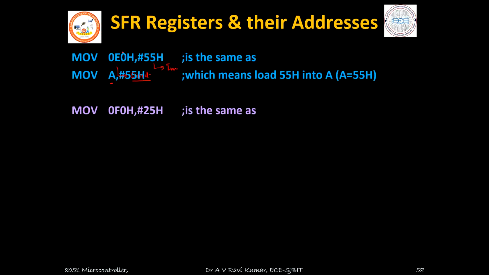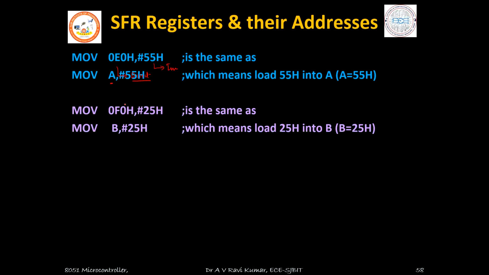We have some more examples. The 25H is moved to F0. F0 is the address of the B register, so it means that 25H is moved to the B register. Similarly, we can mention an SFR register address in our operand to access its memory location. Similarly, the R2 content is moved to E0H.